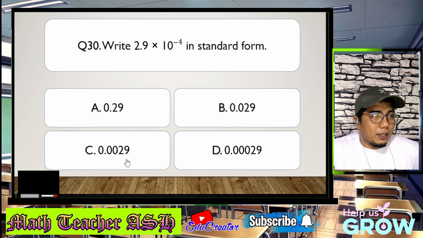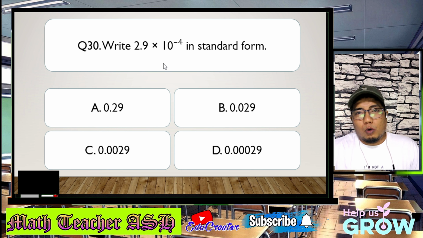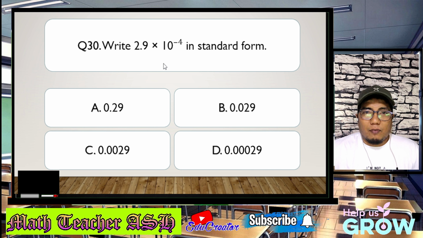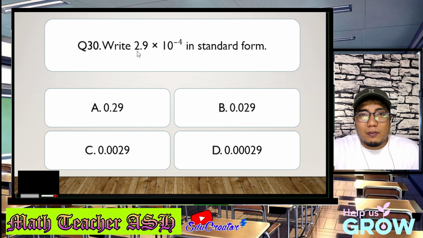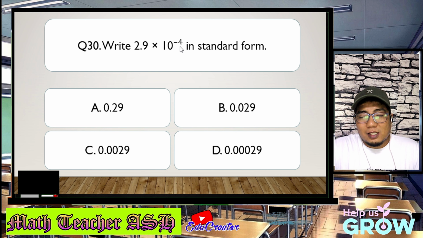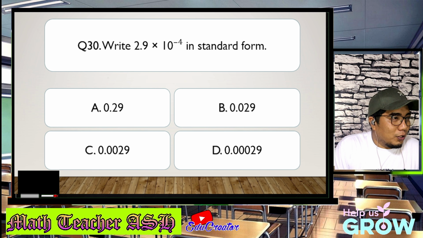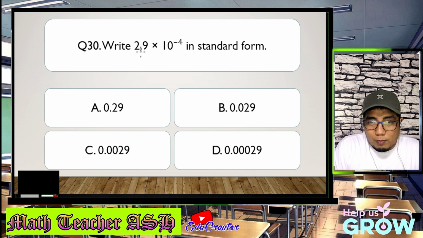Stop. All right, my dear math learners. Now, dealing with a negative exponent, when you write it into standard form, you will get a decimal. So in order for you to have a decimal value, you move to the left. How many movements? You just need 4. You just move your decimal to the left, 4 movements or 4 units.